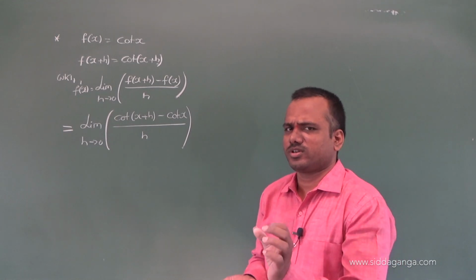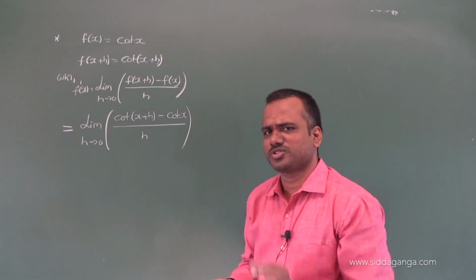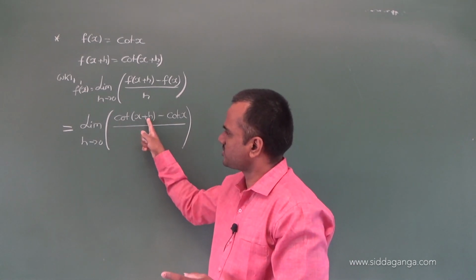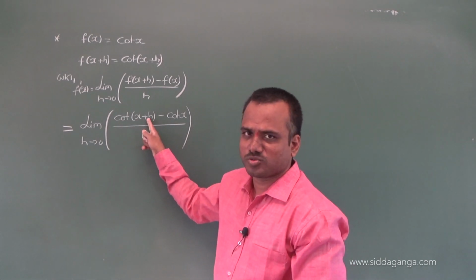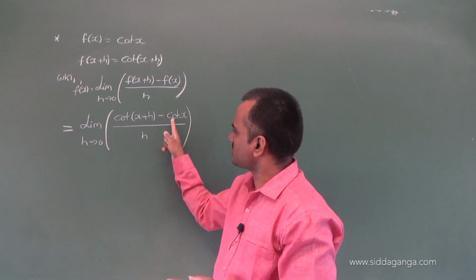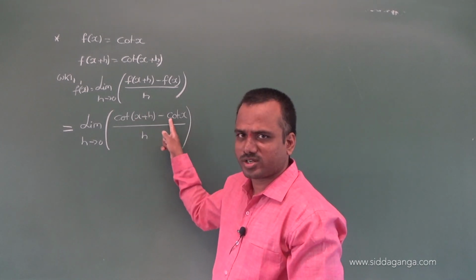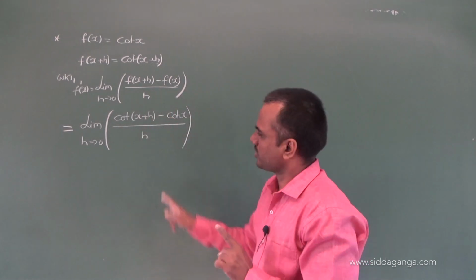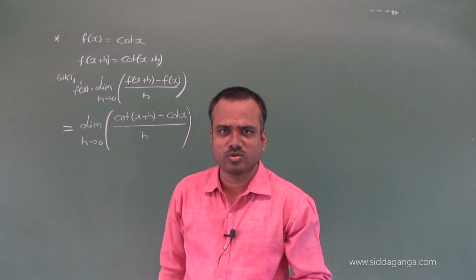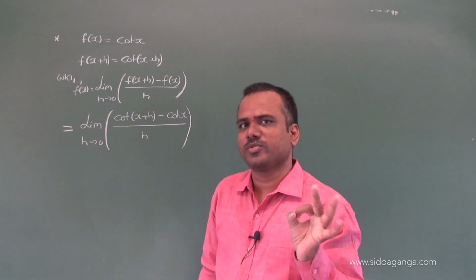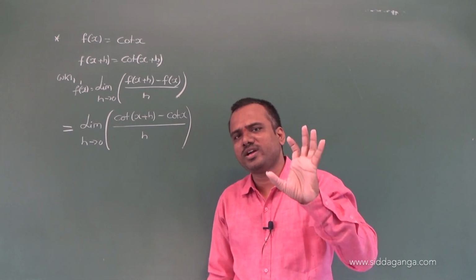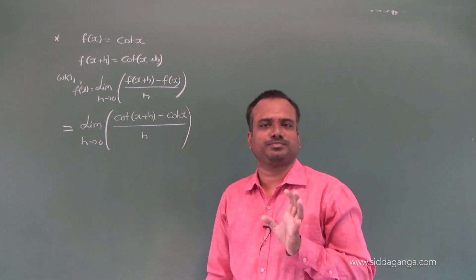Substitute wherever h, substitute 0. What will happen? Cot x plus 0 is cot x, minus cot x. Cot x gets cancelled. Numerator is 0, denominator h is 0. So it is in the form of 0 by 0, indeterminate form.